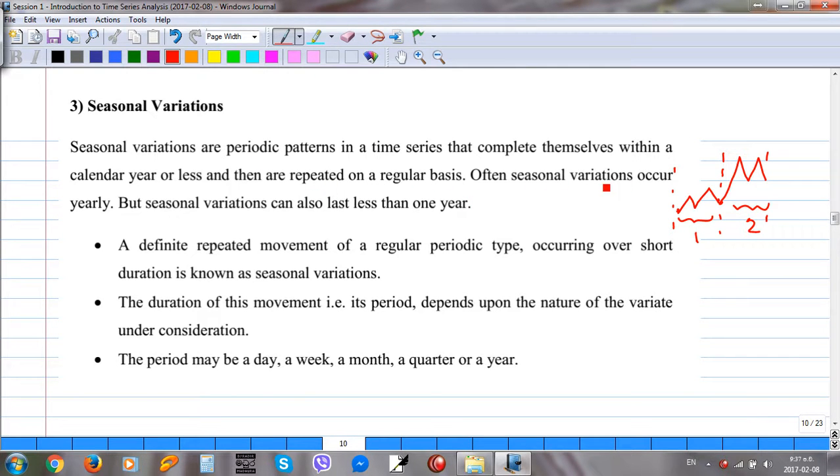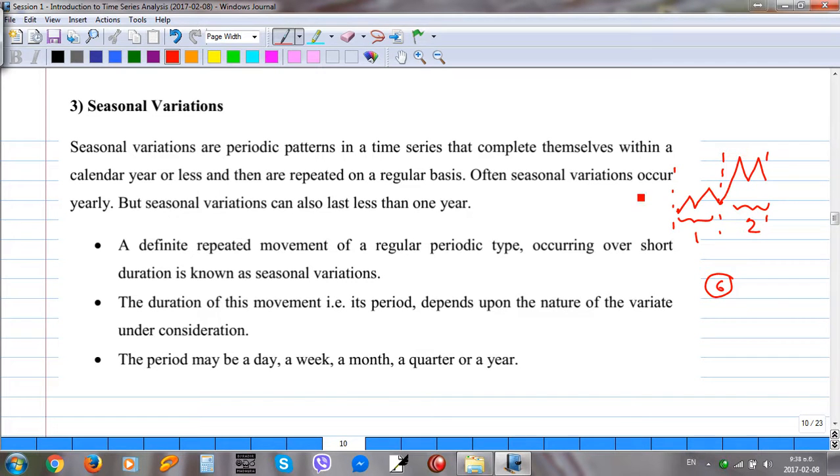Often seasonal variations occur on a yearly basis, but they can also last less than one year. It must show a pattern within a specific time period. If you take 6 months and see the same pattern after every 6 months, that is a seasonal variation.